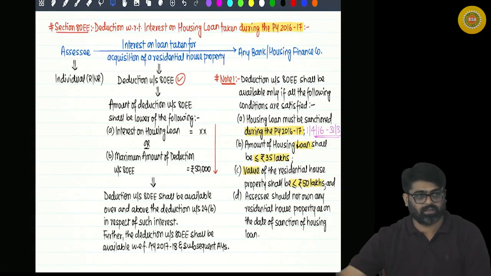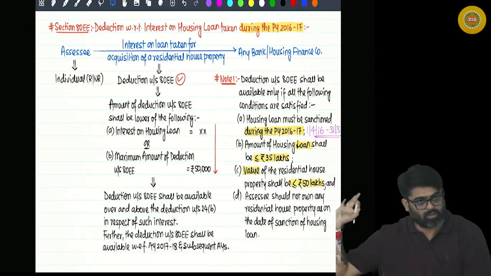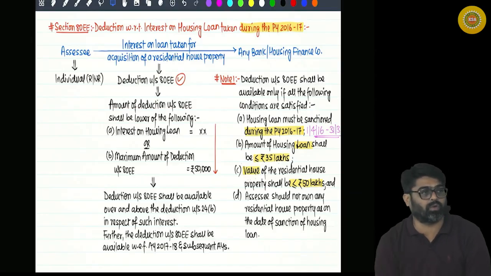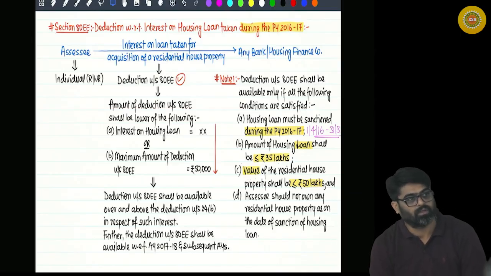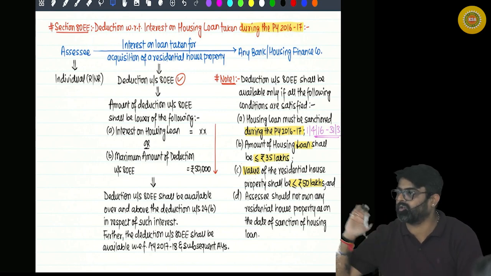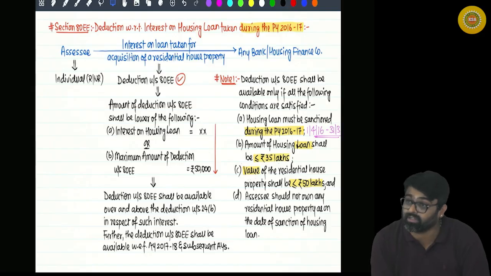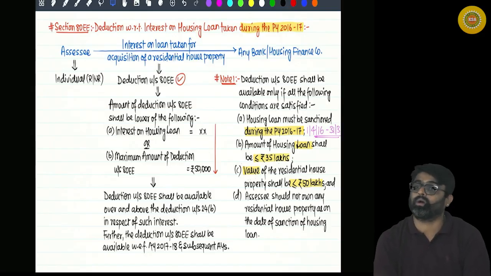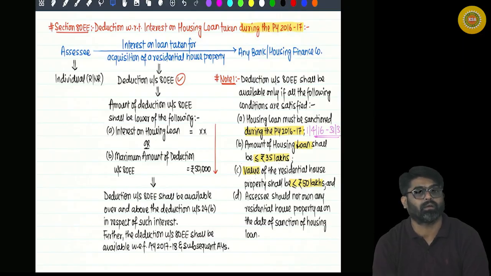Now next year, the same loan is outstanding. Next year also you are going to pay interest, 2,03,500, because the principal will reduce, so interest will also reduce next year. How much will be allowed under house property next year? And how much extra will be allowed here, subject to a maximum?